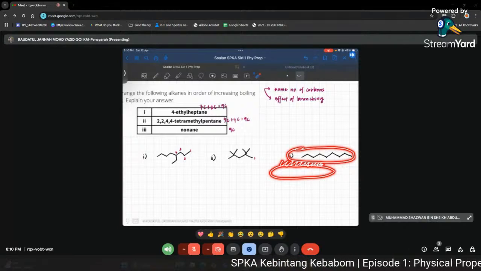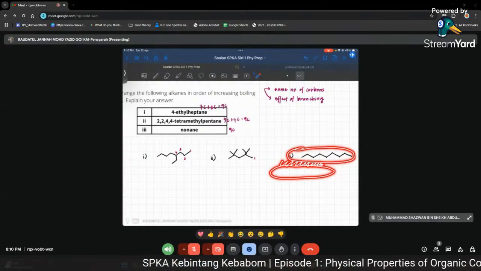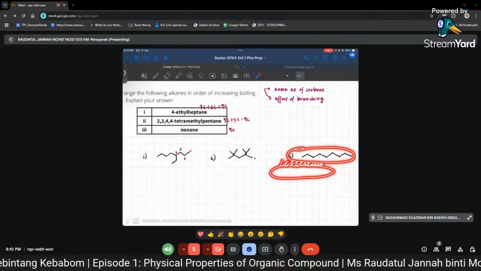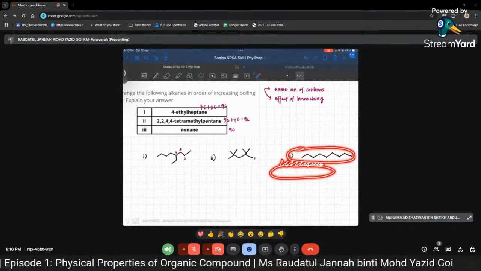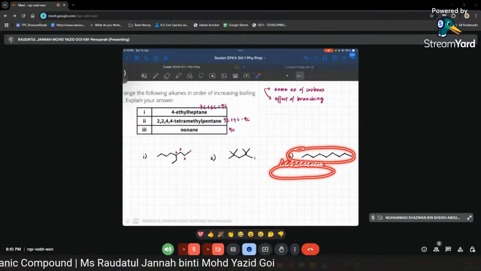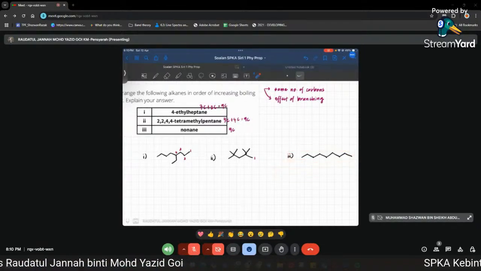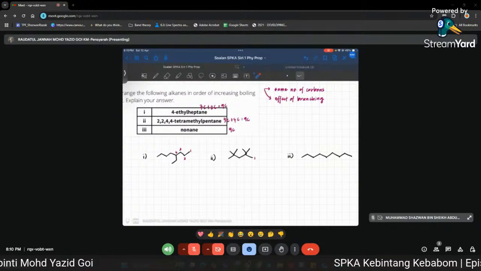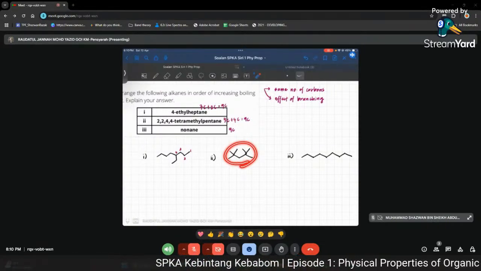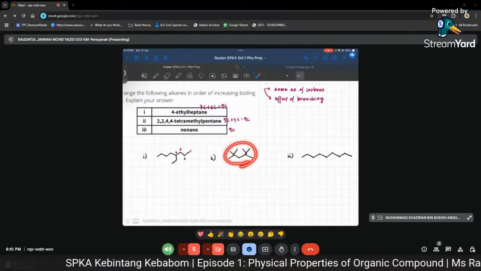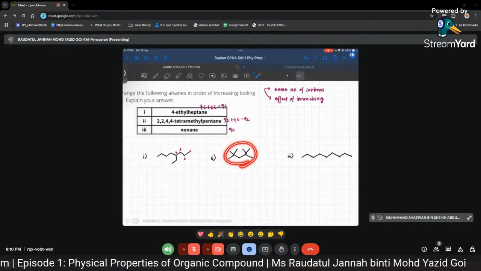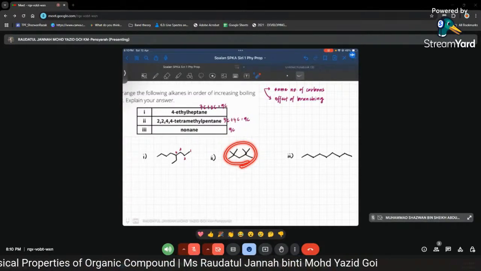Okay, so lagi banyak surface area in contact ataupun lagi besar surface area of contact yang you ada dengan another molecule, that means you can form more van der Waals forces. So more van der Waals forces means stronger intermolecular forces. Okay, and kalau you nak compare with this compound, for example, kita ada branched molecule here and you can see that bila mana kita nak consider the electron density around this molecule, molecule ni a bit small and compact.